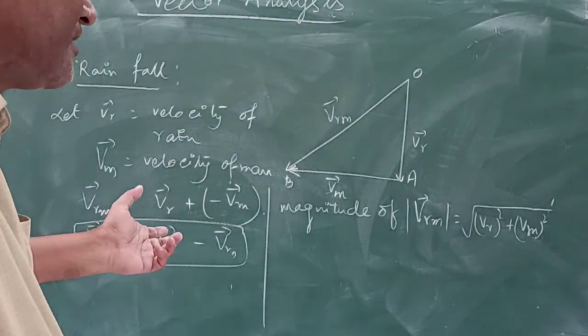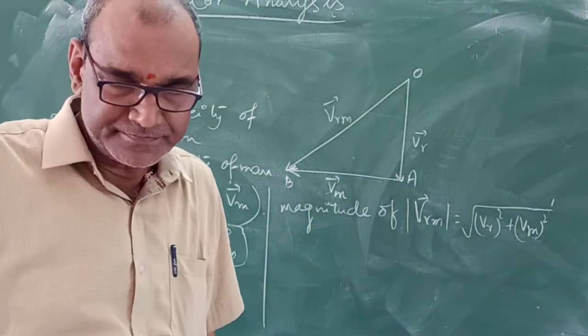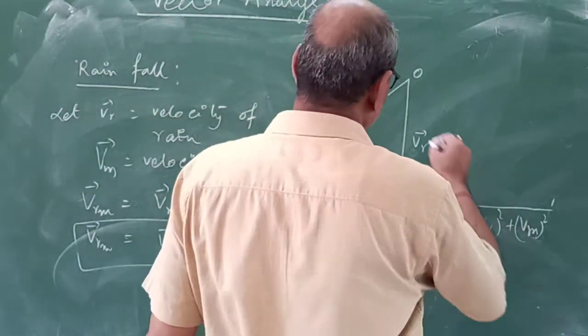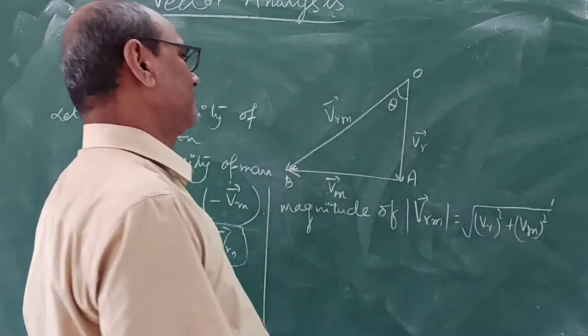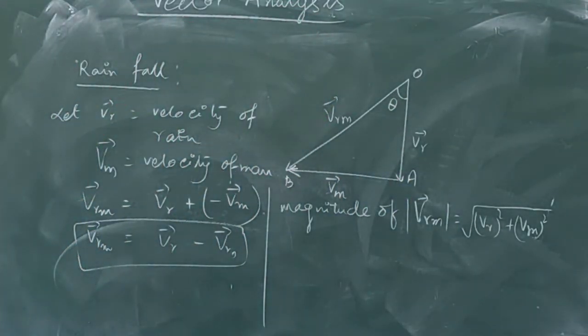Then you will be able to solve. Now, the resultant velocity makes an angle theta with the rain velocity.